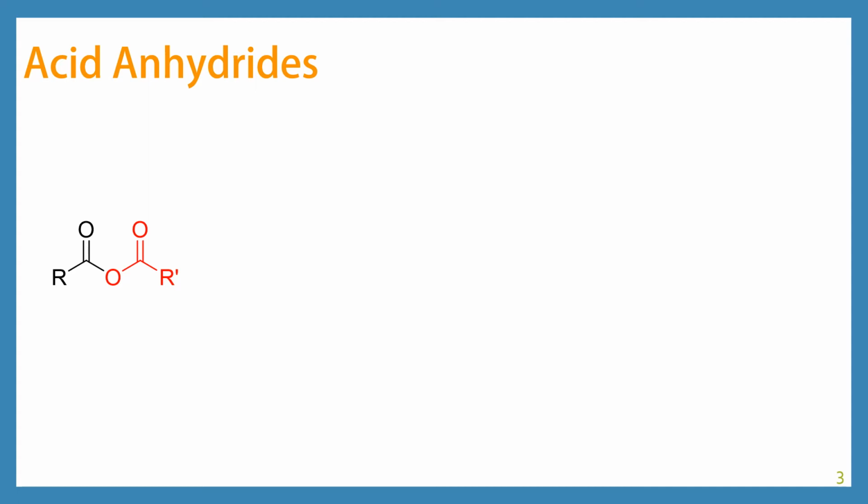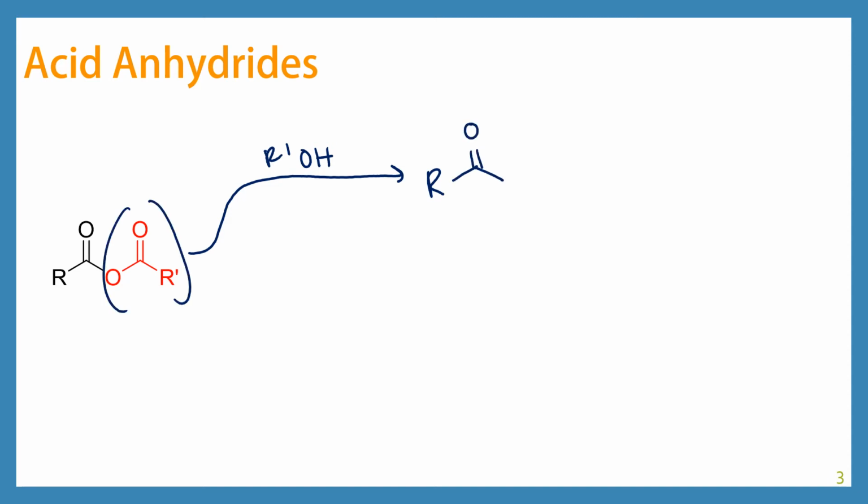Acid anhydrides are also very reactive, and so they can be pretty easily turned into other things. For example, if you react an acid anhydride with an alcohol, you can replace the leaving group with an alkoxyl group, which would give you an ester.